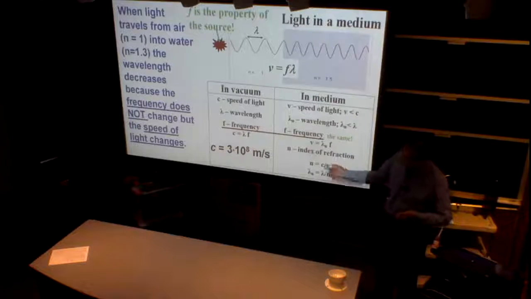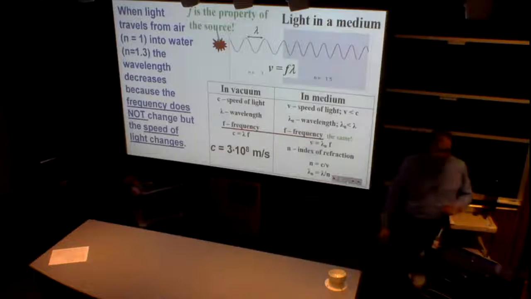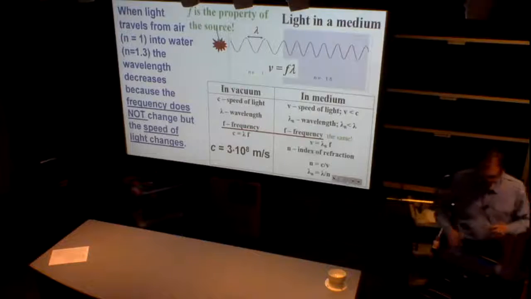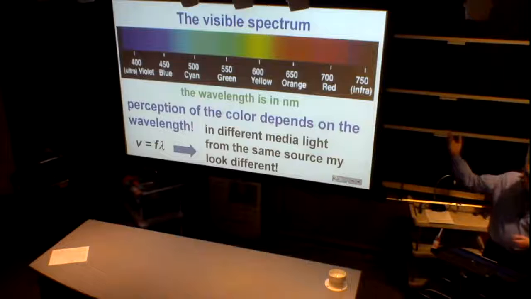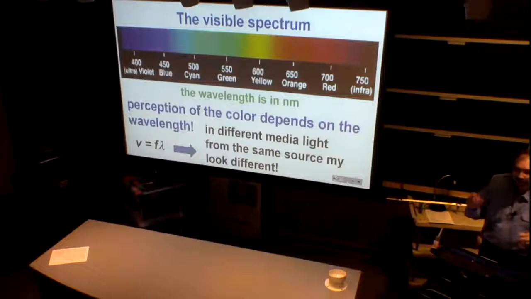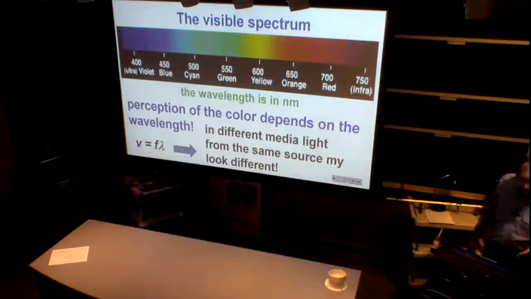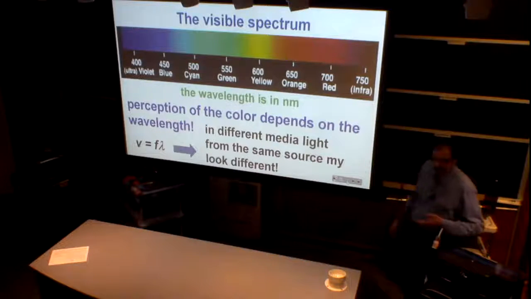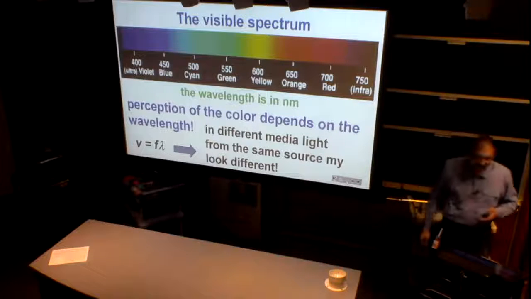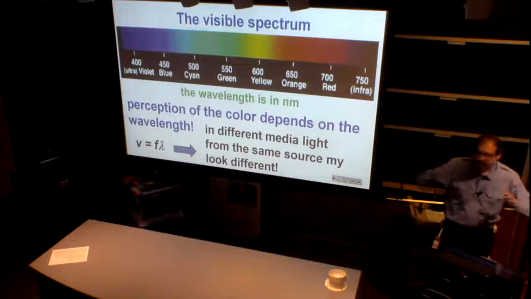That affects the wavelength. Wavelength also changes, shrinks. And the visible spectrum is described by a very narrow span of wavelength from 450 nanometers to about 700 nanometers. We cannot see beyond that spectrum.